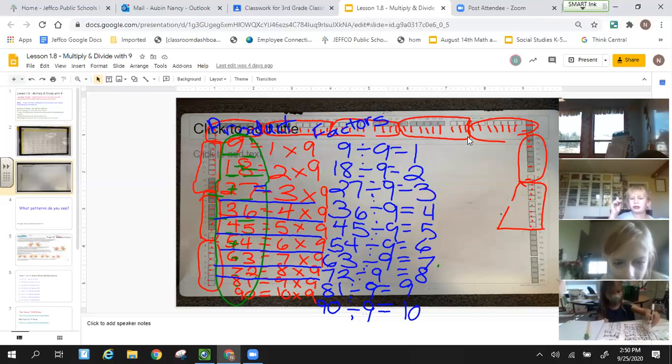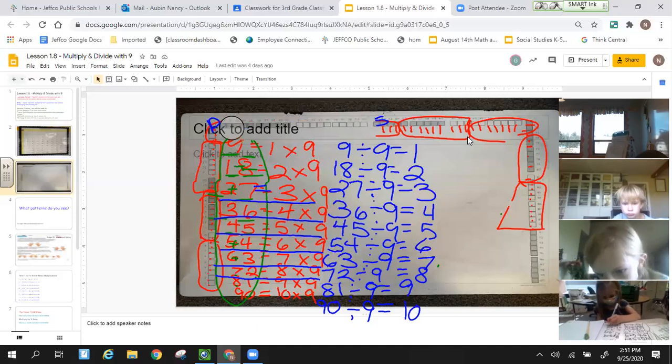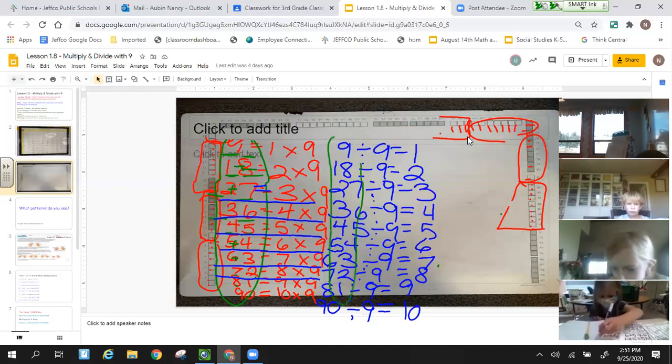All right. If you have finished, now we're going to talk about the patterns we see, but we can't do that until I have the names of these up here. What are the names of the big number right here? What do we call this number? The dividend.